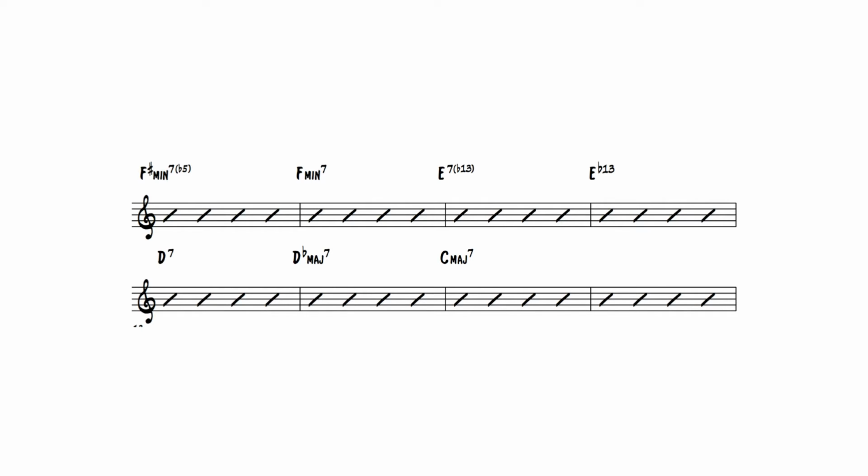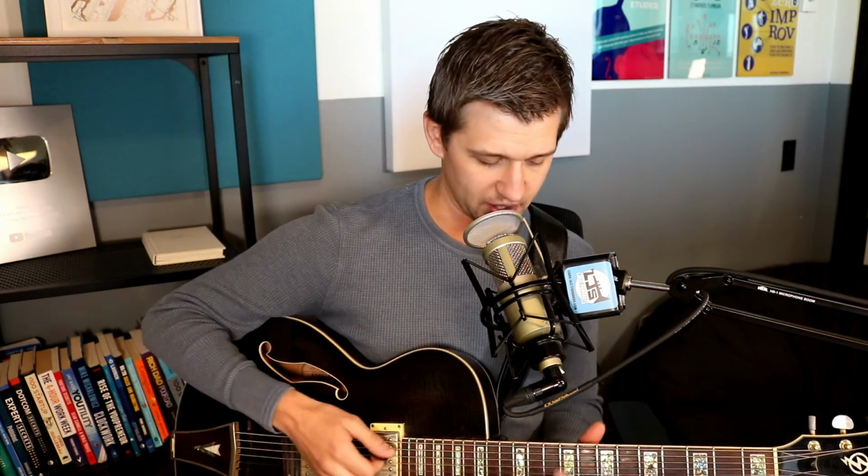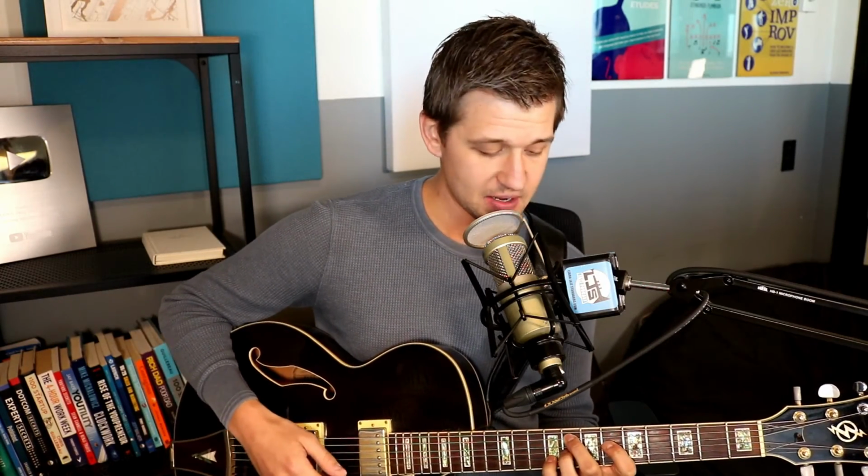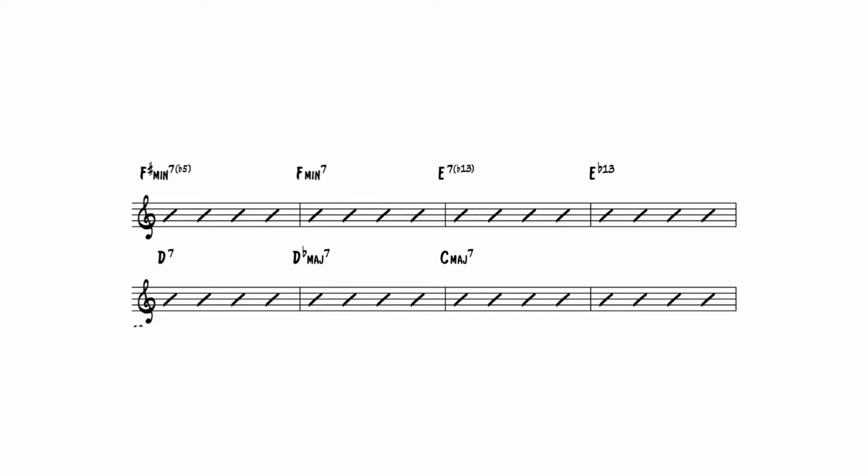There's a lot of variations of this particular one, but I'll walk you through this one. So it goes F sharp half diminished, then it goes F minor 7, then it goes to E7 with a flat 13 and a sharp 9, and then an E flat 7 13, or just an E flat 13, and then it goes to a D7, D flat major 7 to C major 7.